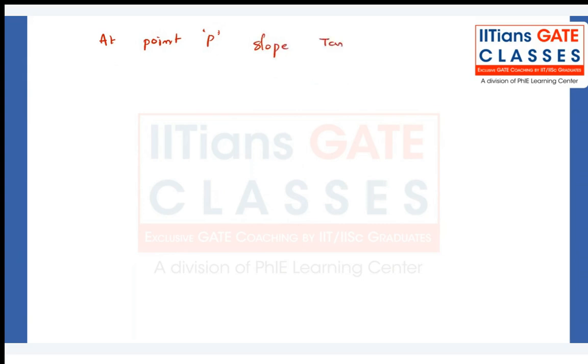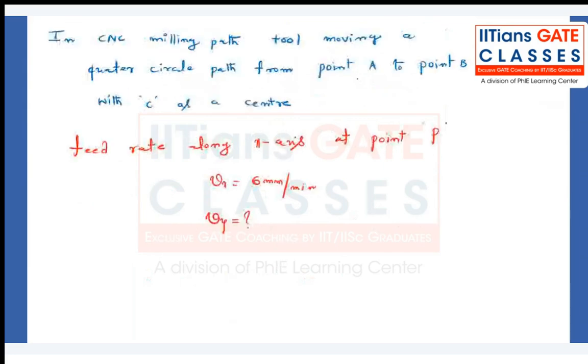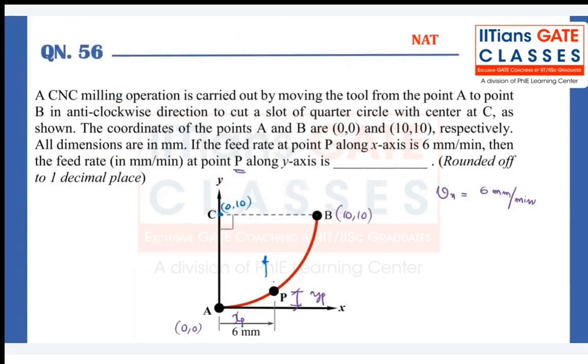Slope is tan theta, right? Now tan theta is equal to y minus 10 divided by x. Here y equals 18, so 18 minus 10 divided by x. The y coordinate is here, this is y minus 10, and this is 6, that is what I wrote.